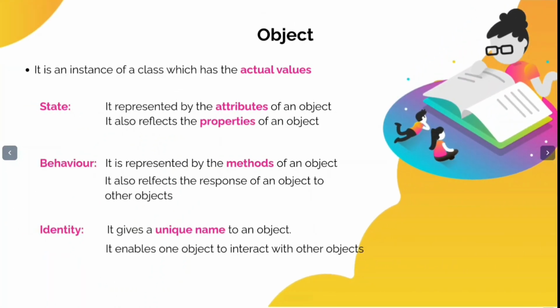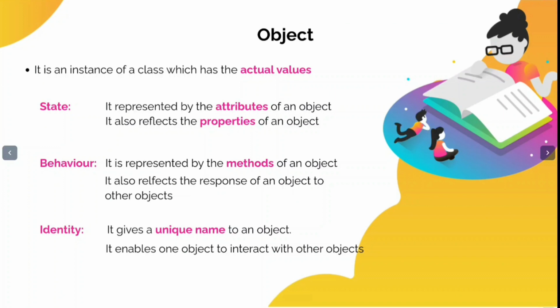When a class is defined, only the description of the object is defined. Therefore, no memory or storage is allocated. An object is an instance of a class which has the actual values. It consists of a state, behavior, and identity. The state is represented by the attributes of the object.